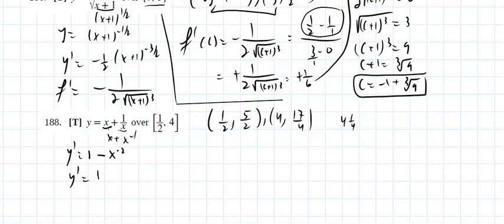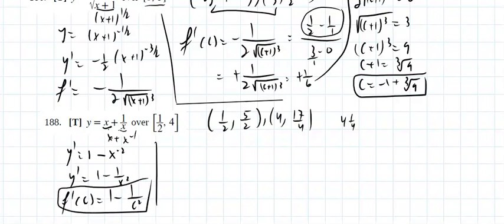Y prime is 1 minus 1 over x squared. So f prime of c is 1 minus 1 over c squared. Now the slope of the tangent is what? So 1 minus 1 over c squared should equal y2 minus y1 over x2 minus x1.